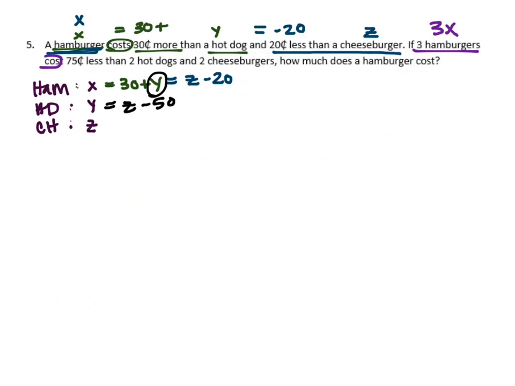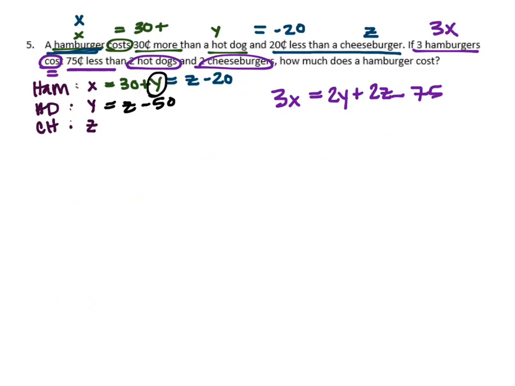Costs, in this case, that's our equal sign. 75 cents less than is the same thing as saying minus 75. So I'm going to put that on the end here. 2 hot dogs. Well, hot dogs are y, so I can write 2y. And means plus. 2 cheeseburgers. And that means 2 times z, because cheeseburgers are represented by the letter z.